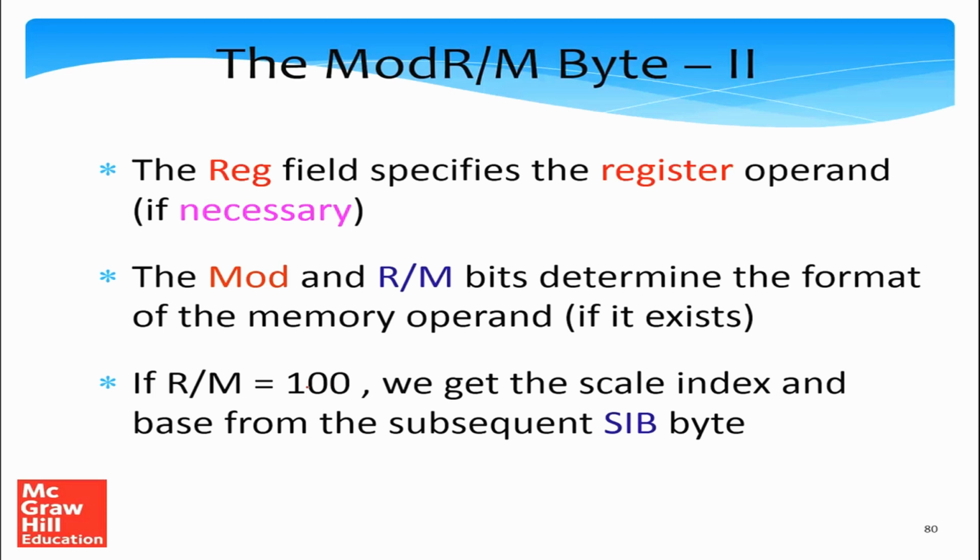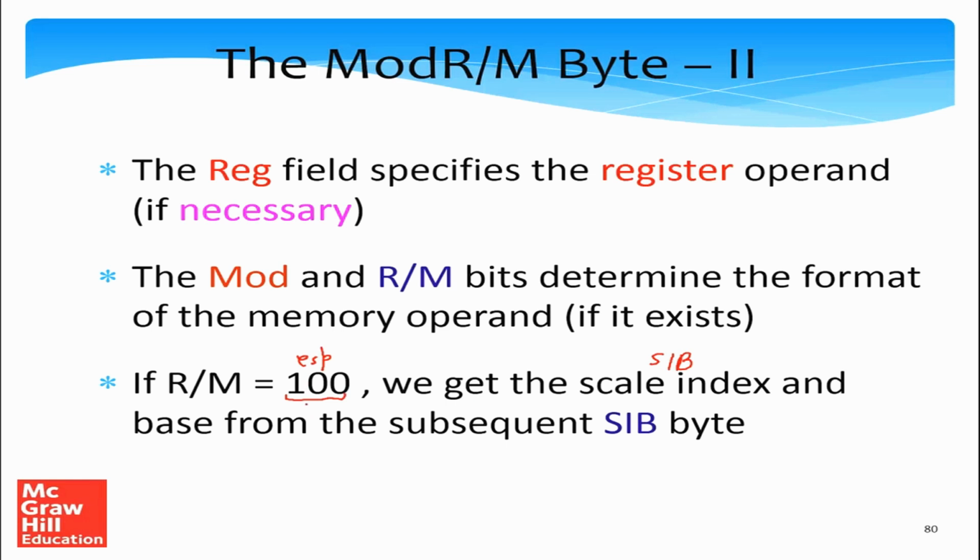So if R/M is equal to 100, which is essentially the encoding for the stack pointer, this tells the hardware that look, let us use the scale index base, the SIB byte, to encode the instruction, to look for the encoding of the instruction, right?